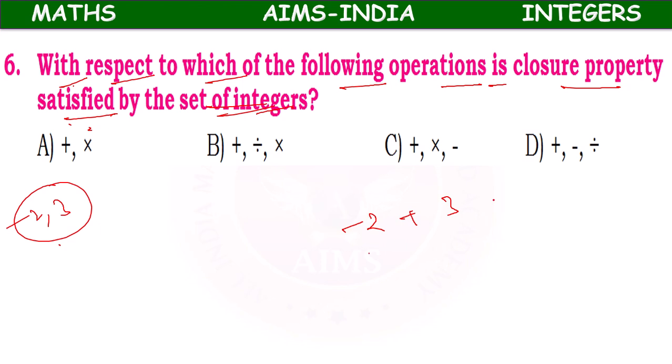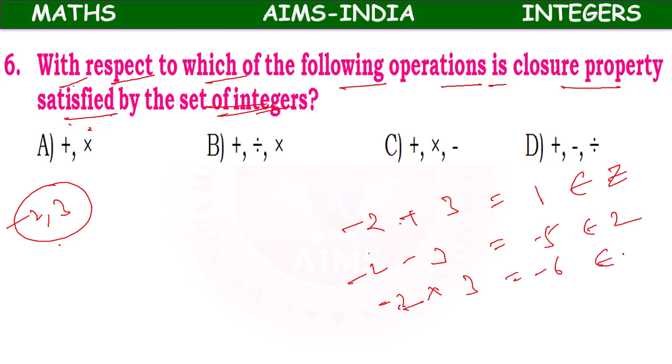Their sum, minus 2 plus 3, is 1, which belongs to integers. Subtraction, minus 2 minus 3, is minus 5, which belongs to integers. Multiplication, minus 2 into 3, is minus 6, which belongs to integers. Division, minus 2 divided by 3, does not belong to integers.